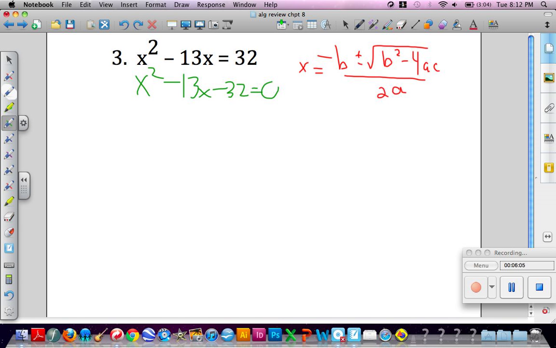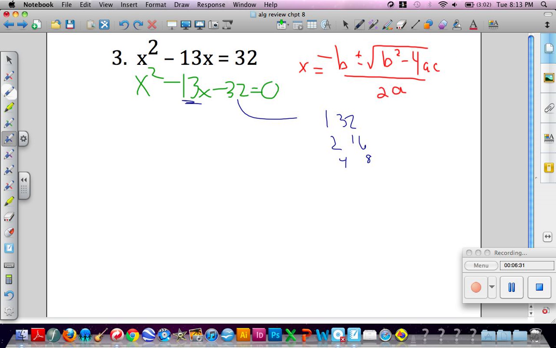Okay, so now I'm looking for numbers that multiply to get me 32. 1 and 32, 2 and 16, and I'm thinking of 4 and 8. None of those are going to get me 13. So that means I'm not going to be able to factor it. I'm going to have to use the quadratic formula.